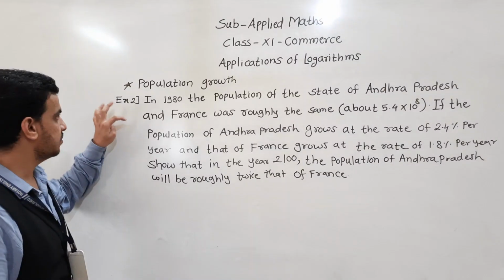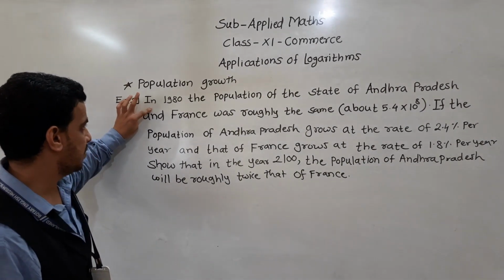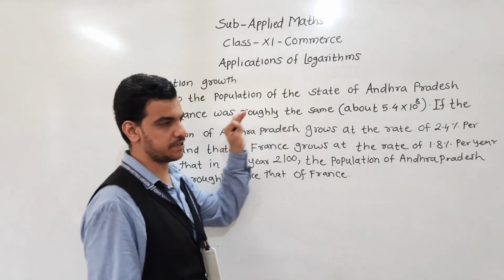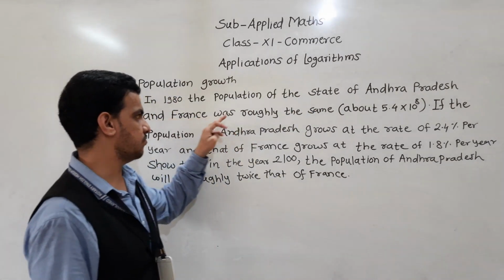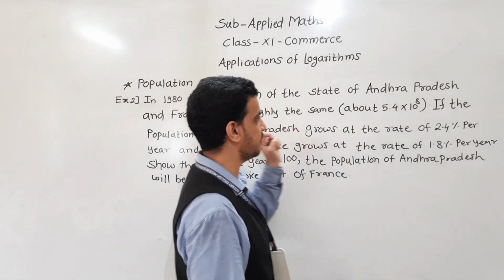Second question. The question is: in 1980, the population of the state of Andhra Pradesh and France was roughly the same, about 5.4 into 10 raised to 8.